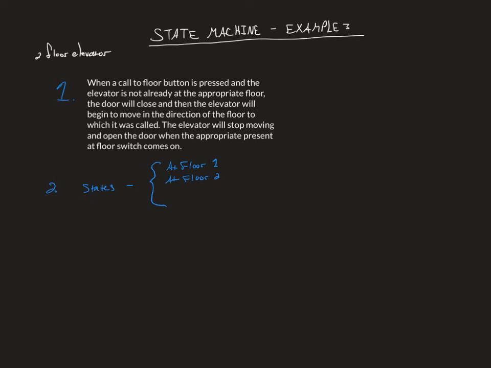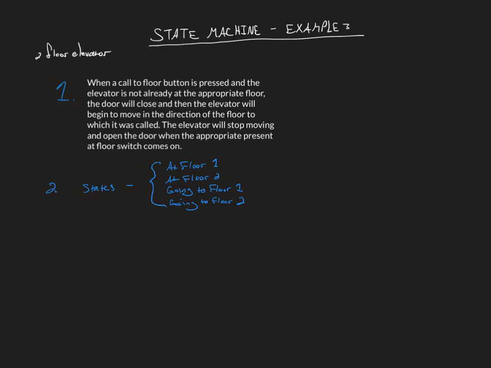So we're going to say going to floor 1. And going to floor 2. And that'll do it. Keep in mind, there's multiple ways that you could define a state machine to capture this functionality. There's not just one. But this is one way to go about it.